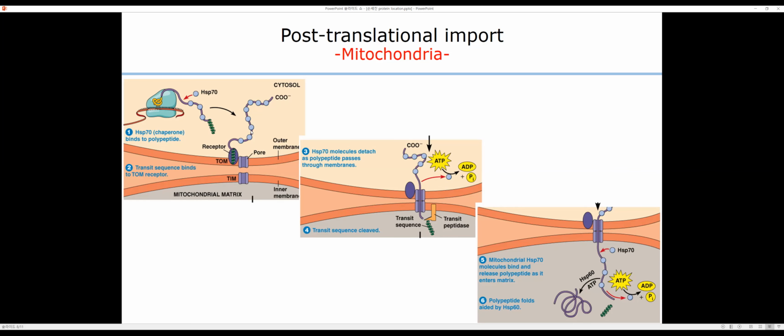So you can assume that this Hsp protein has a reversible reaction. Sometimes it's opening, sometimes it's folding. The three-dimensional structure cannot go through this, so it is made linear, open, and then goes through. And then inside here, the proteins are restructured. That's what is happening here.